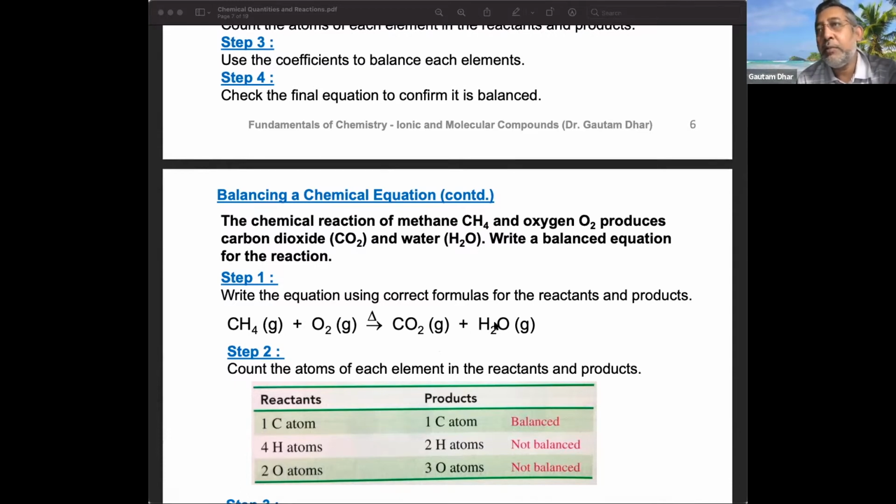They need not be equal, carbon dioxide and water. Who said that? So we can change the number of water or carbon dioxide such that we eventually balance the number of atoms on both sides. And this is called balancing a chemical equation.